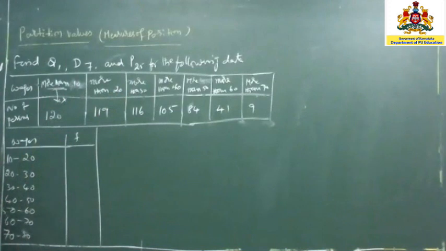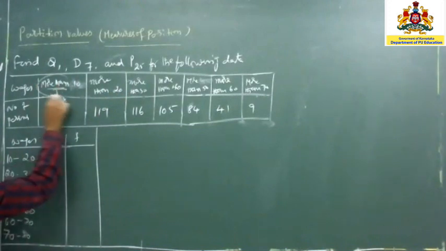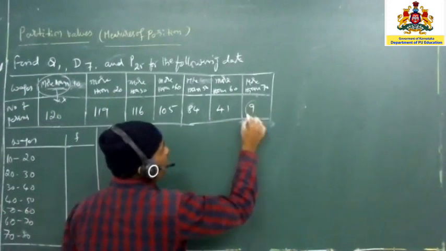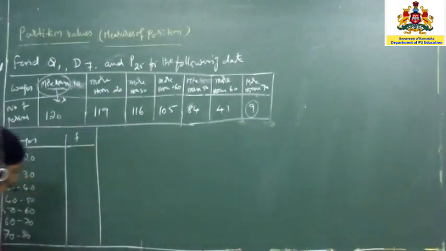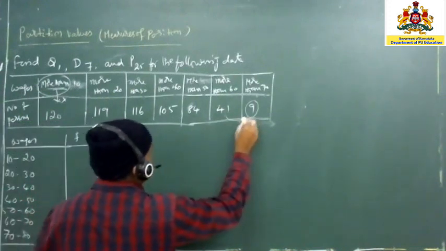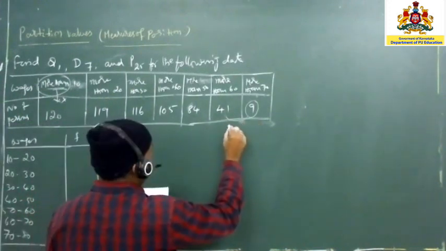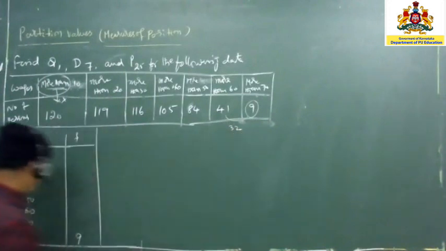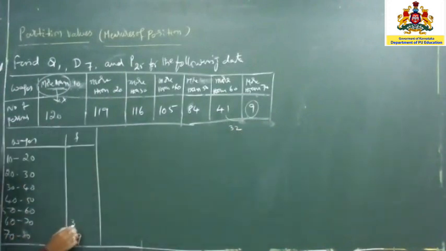How to convert this? Look here, the very important word is "more than". Whenever more than is given, you have to start from the last one first. So the last one is 9, you write 9. Next, 41 minus 9. How much? 41 minus 9 is 32, so that 32 you write immediately here.